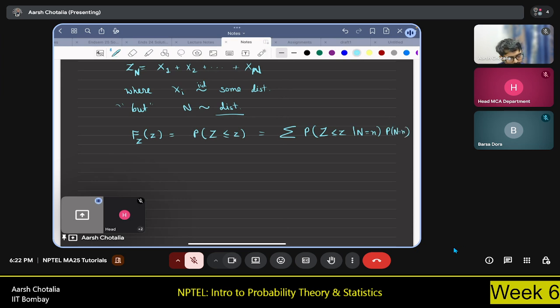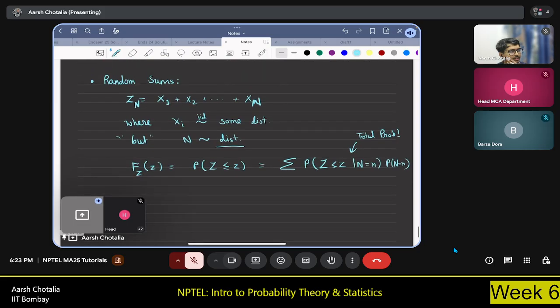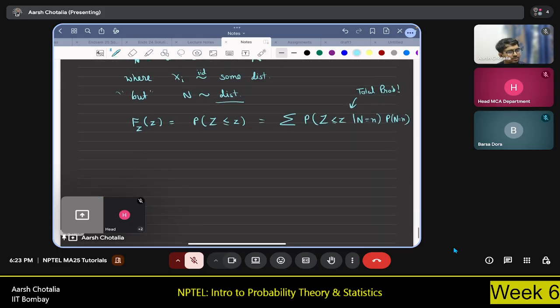Okay, this is the general formula. This is the total probability theorem, our good old friend. So this is where we stopped. So any questions? Otherwise, we'll move to assignments.